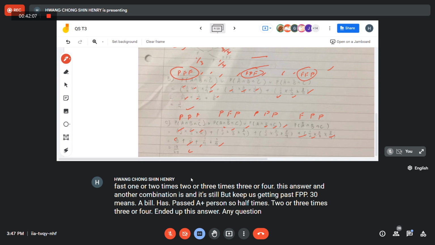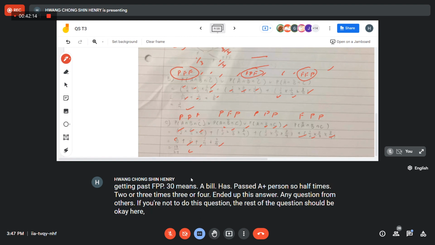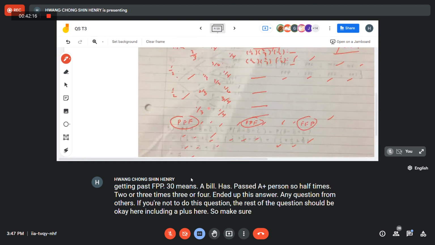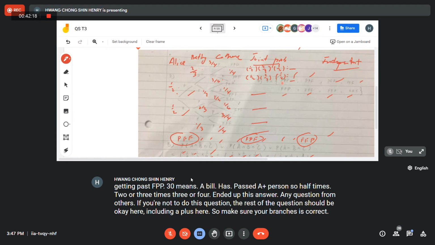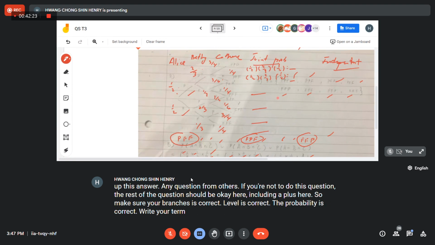Any question from others? If you know how to do this question, the rest of the questions should be okay with you, including your past year. So make sure your branches are correct. Label is correct. The probability is correct. Write your joint probabilities correct.